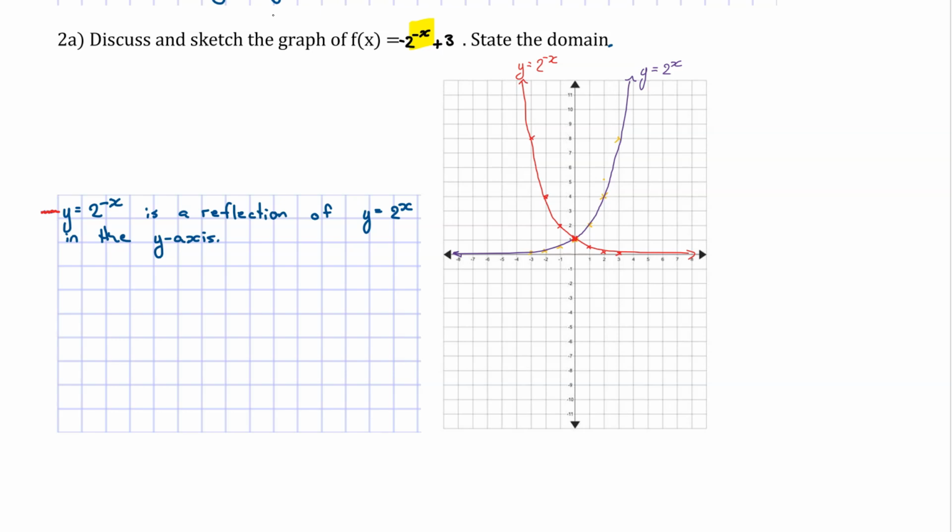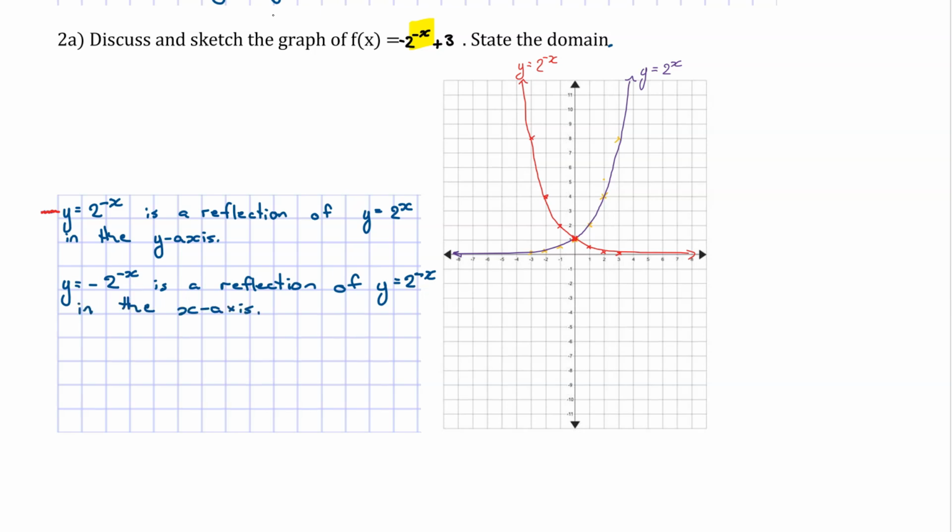Now, if we wanted to go one step closer to the function that we're trying to do, we're going to go y = -2^(-x), and it is a reflection of y = 2^(-x), but it's a reflection about the x-axis now.